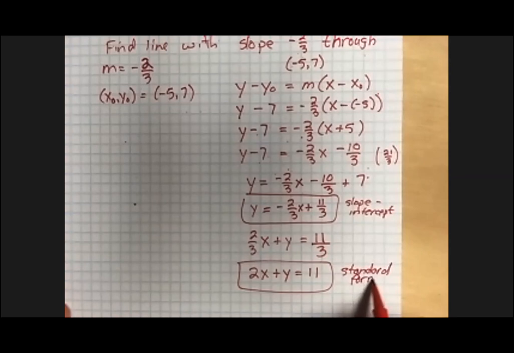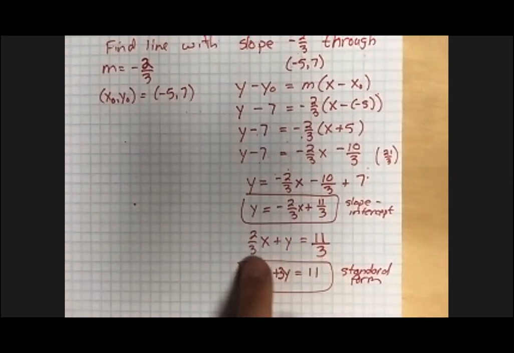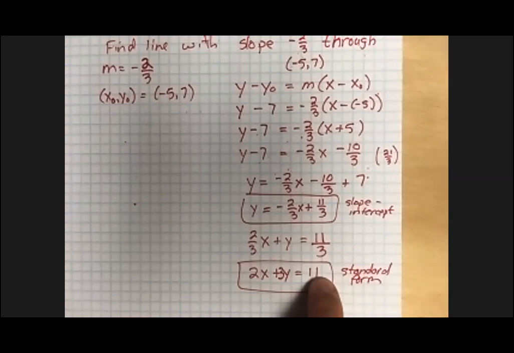And let's check it out. Oops, if I multiply everybody by 3, I better multiply everybody by 3, and that includes the y. See, that's the danger when you're just doing things and talking at the same time, or doing things and not writing it down. 3 times 2/3 x is 2x, 3 times 1y is 3y, 3 times 11/3 is 11.